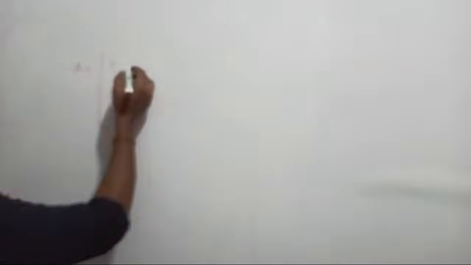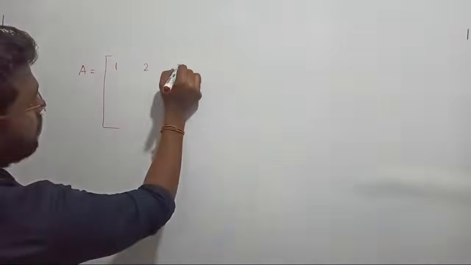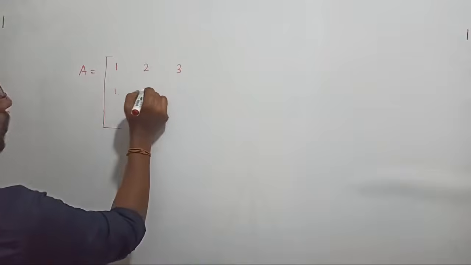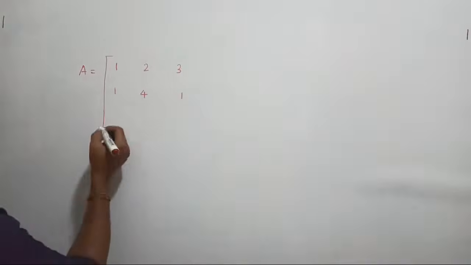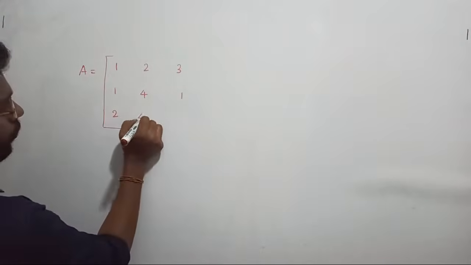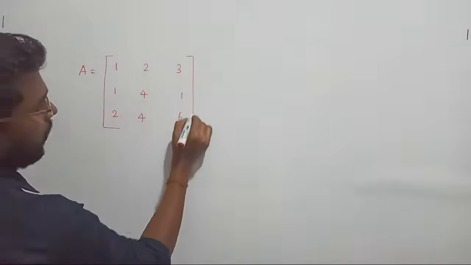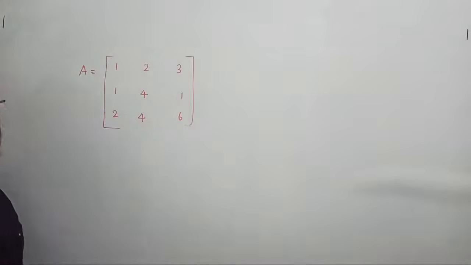Shall we take a 3 cross 3 matrix? Yes. So that is going to be 1, 2, 3, then 1, 4, 1, and let us consider 2, 4, 6. I would like to know the determinant of this matrix.